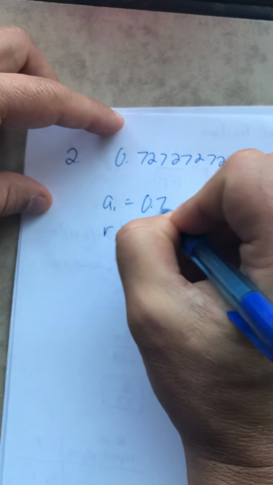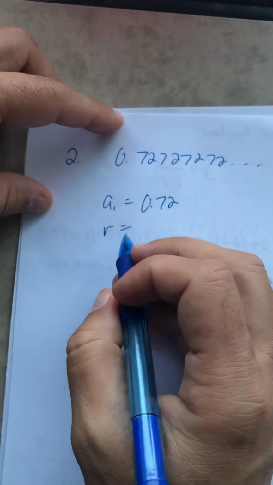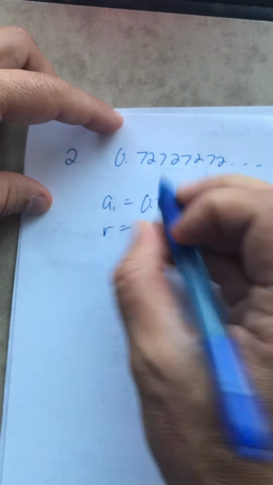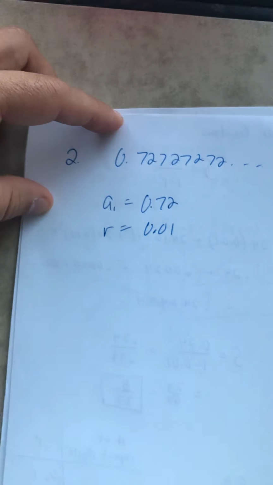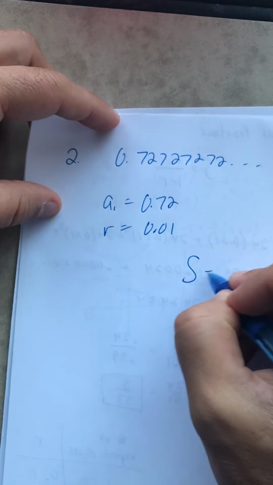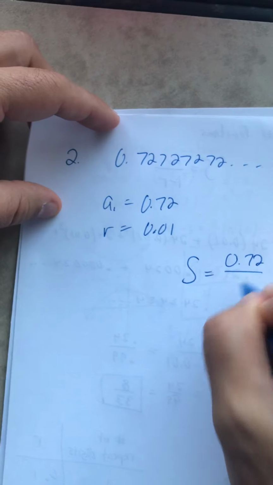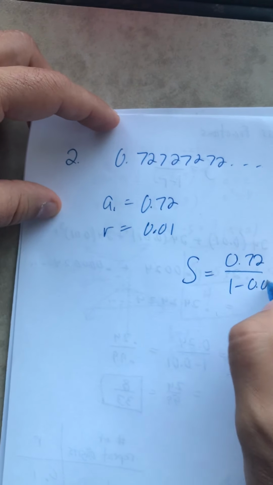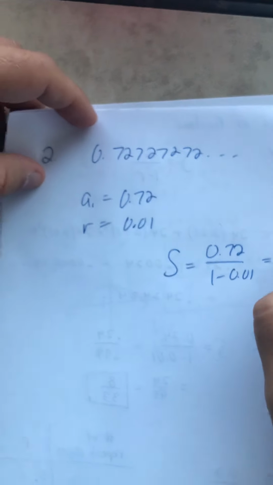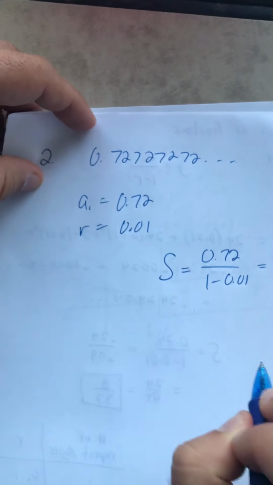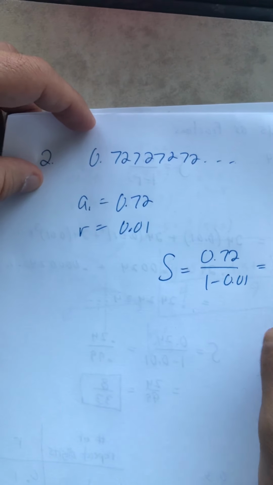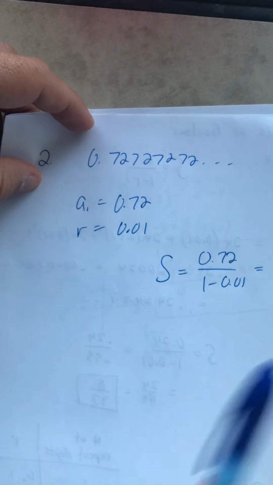So my a1 is 0.72. For r, two digits are repeating themselves. So r is 0.01. So plug in a1, 0.72 over 1 minus r, 0.01. So that's going to be 0.72 over 0.99.